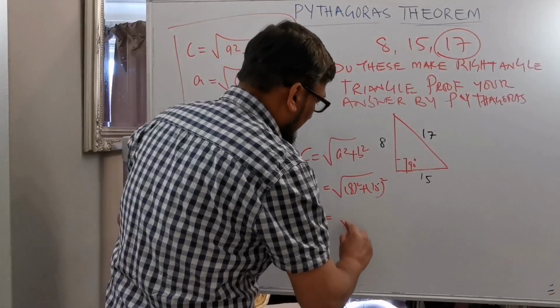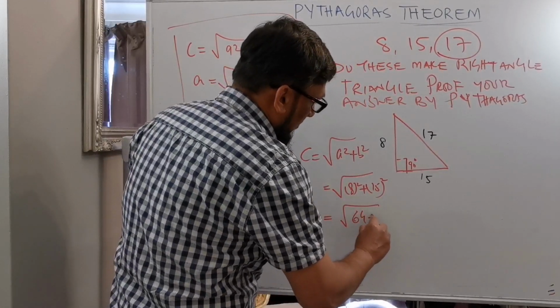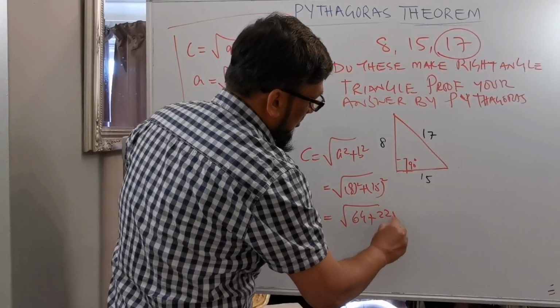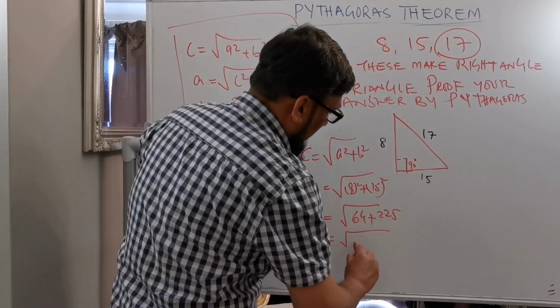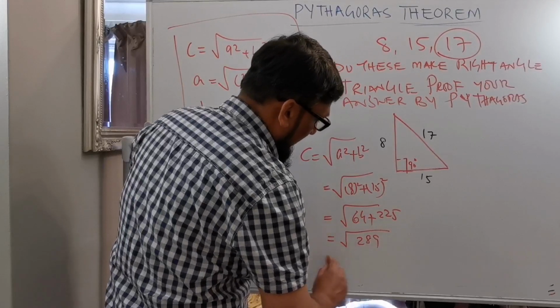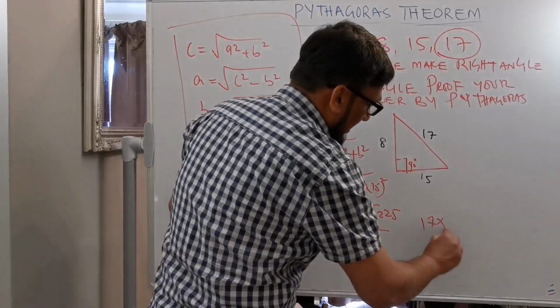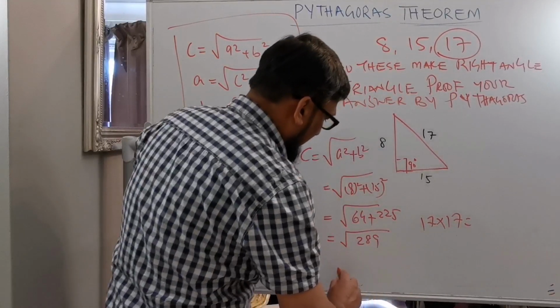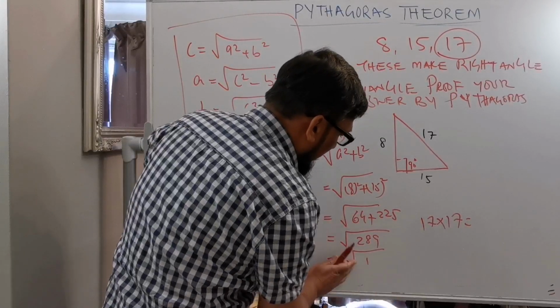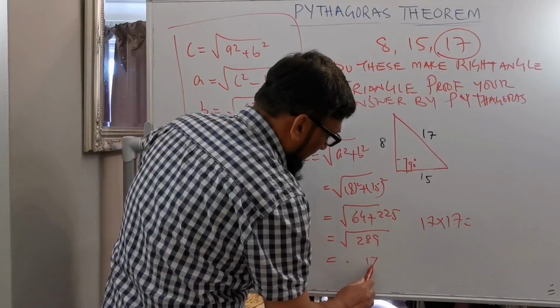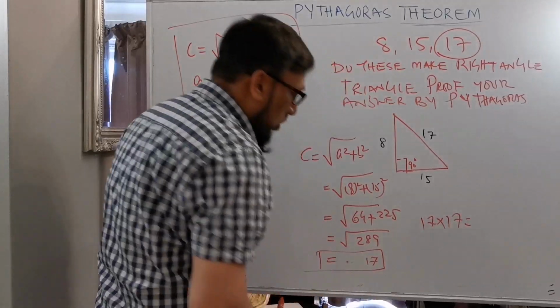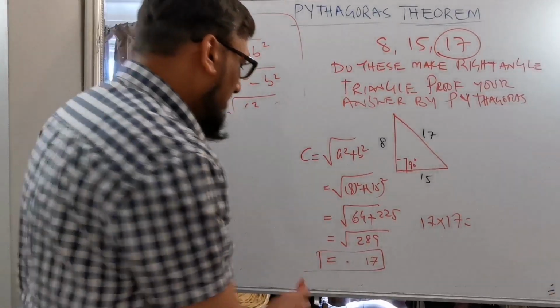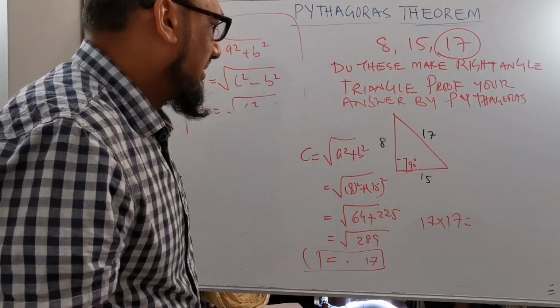If we solve this, 64 plus 225 is 289, and 17 times 17 is 289. So the value of C is 17.